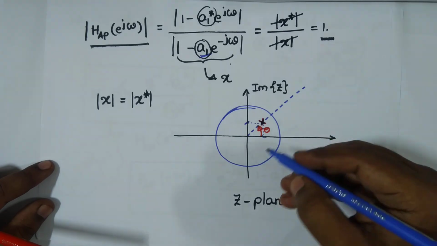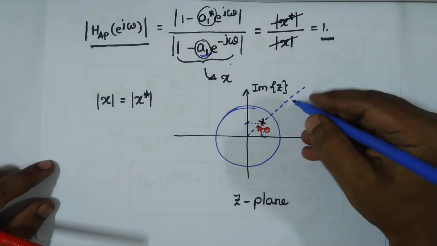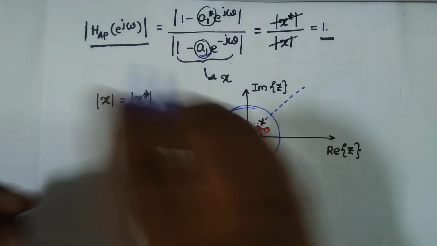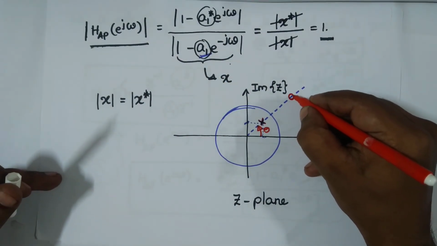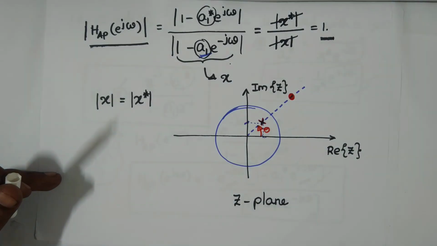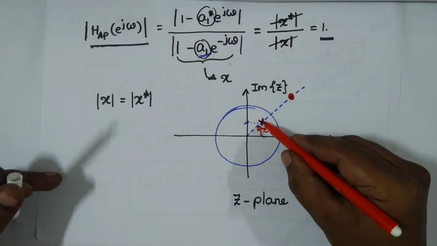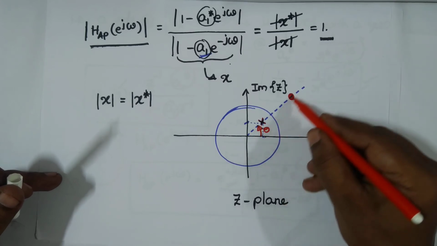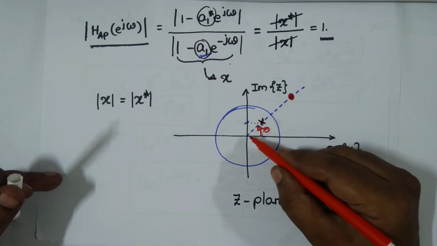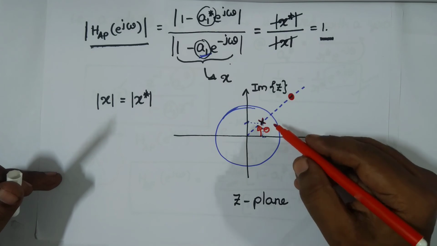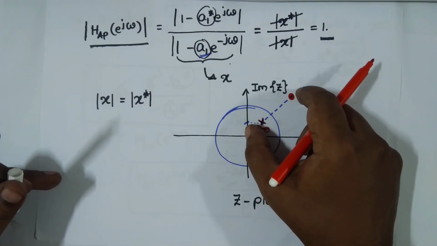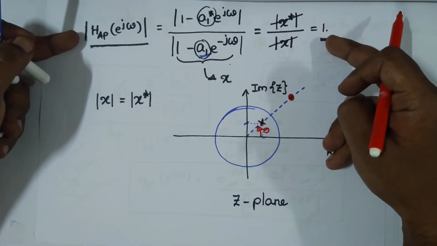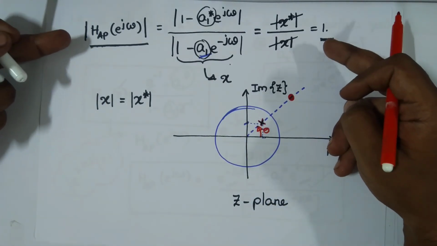So I'll take 1 by r1, maybe somewhere here I'll take a point like this. So this is my zero and this is my pole, both lying on the same radial line. This is one of the cases satisfying this definition.